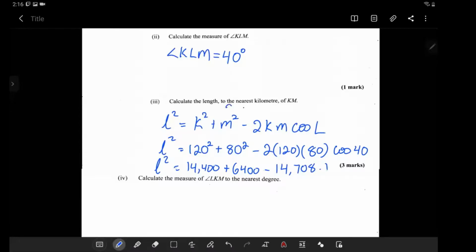But remember we need to put our value to the nearest kilometer. So allow me to finish the calculation.